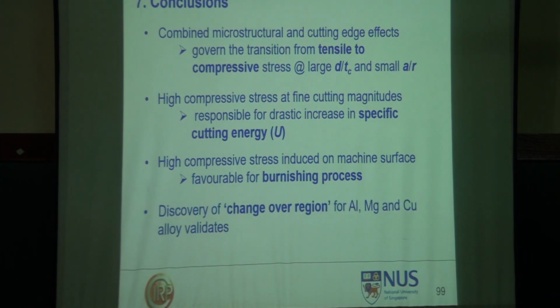So high specific cutting energy helps in getting the varnishing. Discovery of the changing region for aluminum, magnesium, copper alloys. So the new region has been established. Varnishing or varnish-like finishing mechanism is in ultra precision machining. So now CIRP has accepted two new regions.